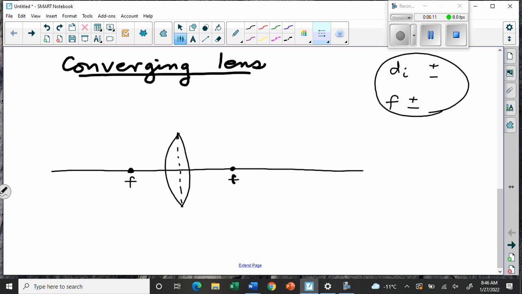Good. Let's take an object. And let's put it here. Let's put it in green. It doesn't really matter. Let's just put it, say, about here. So green is the object, and I'll put a little O beside it to remind us that that's the actual object. So that has to be real, right? That can't be virtual because that's the actual object.